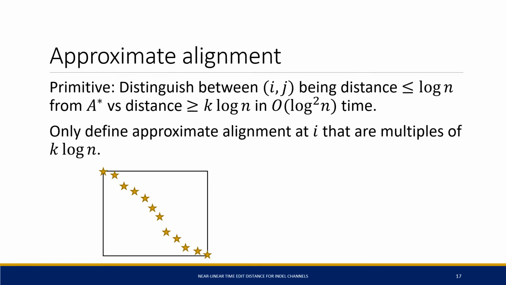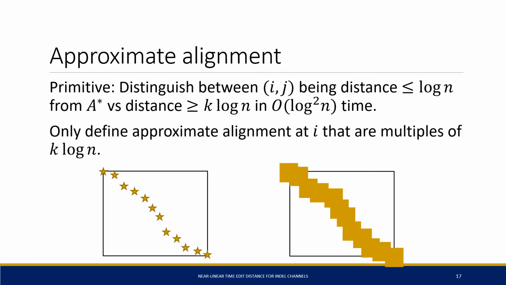And this is efficient because if we take each of these points and we draw a box centered at that point with side length at least, say, 3k log n, then the union of these boxes contains V star, the set of vertices which is close to the true alignment, and which we know contains, with high probability, the optimal path. So given the approximate alignment, we can just take the union of these boxes and run the DP table on this union, and this will give us an n log n time algorithm.